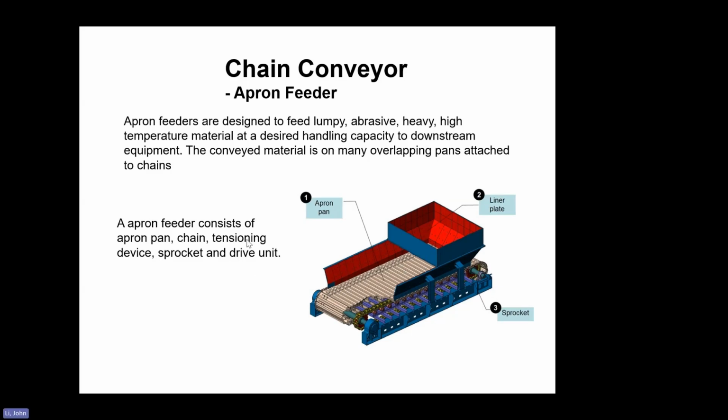So the apron feeder consists of apron pan, chain, tension device. Most conveyors need to have a tension device. That means like this bearing system can be moved out, so it can tension this chain. And sprockets and the drive units.